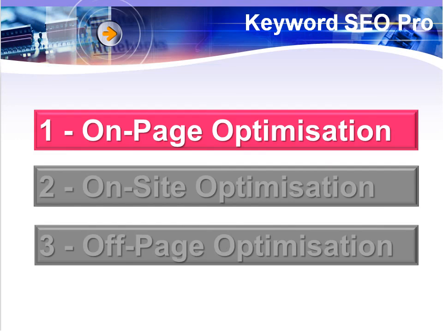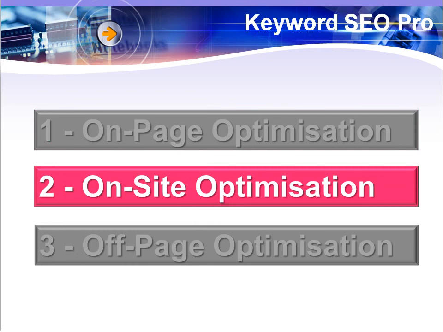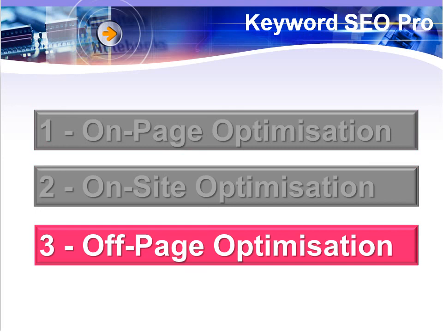In search engine optimization, we must consider on-page optimization, that is the content of the page and the underlying coding. The on-site optimization, that is the linking between pages on the website. And off-page optimization, the linking from other websites.